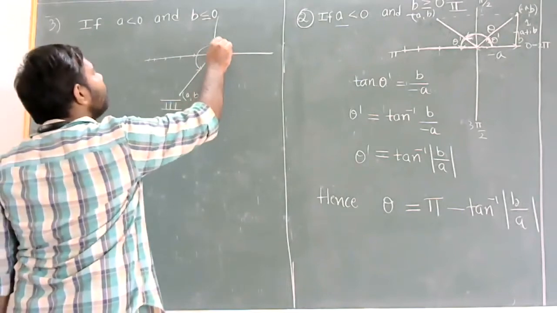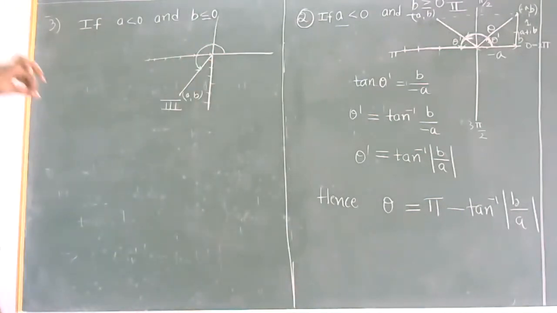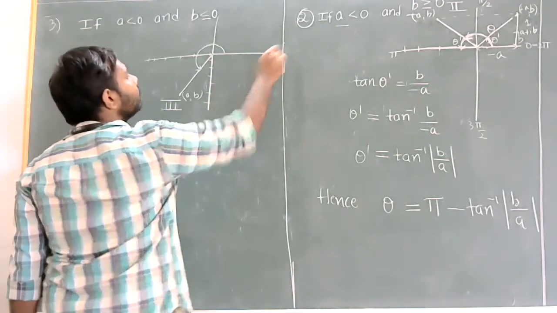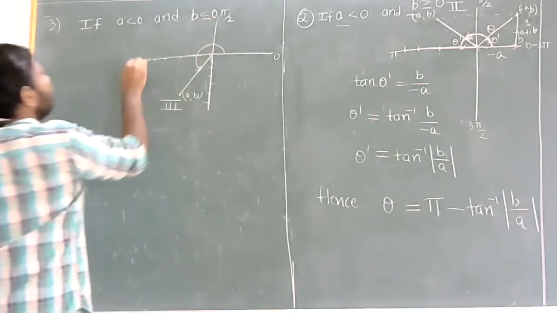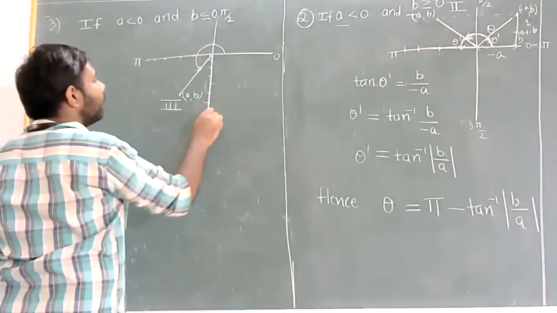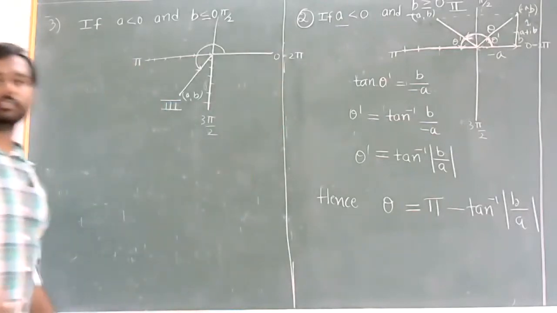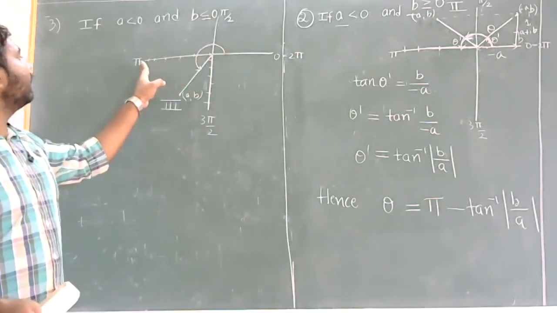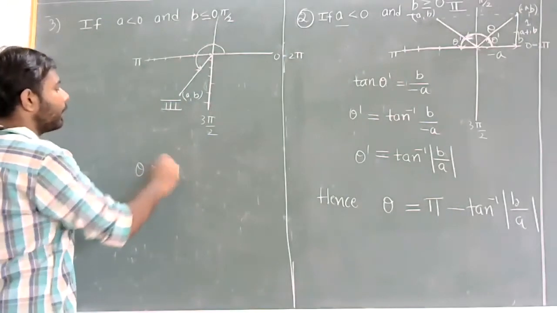So this will be actually argument of Z. But observe here, from here I am starting measuring the angle 0, pi by 2, pi, 3 pi by 2, this is again 2 pi. Actually this angle exceeds the value pi. So it is greater than pi.